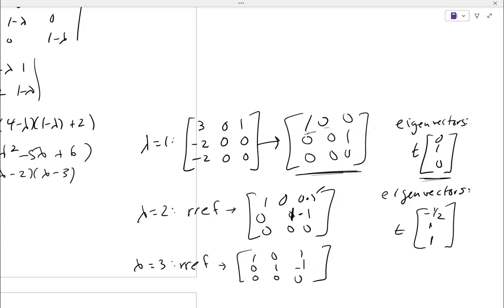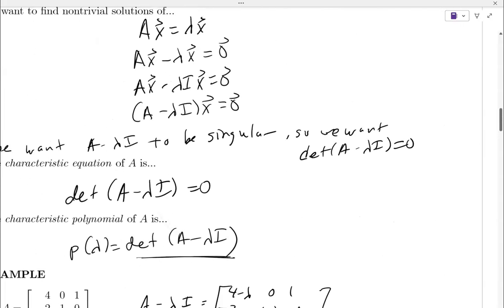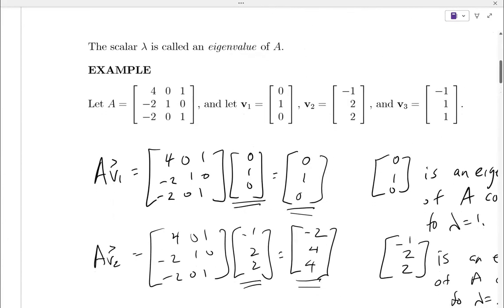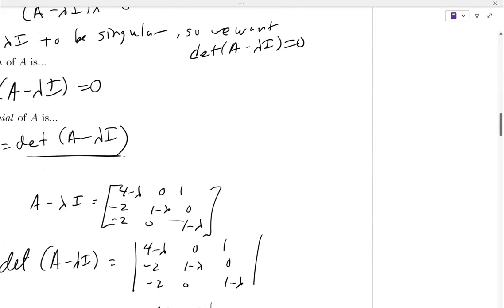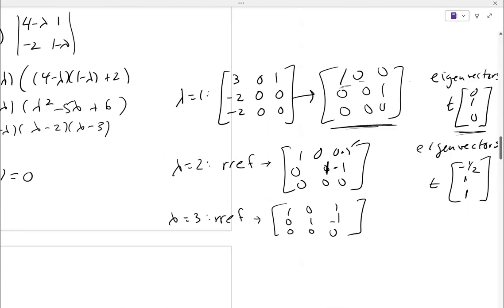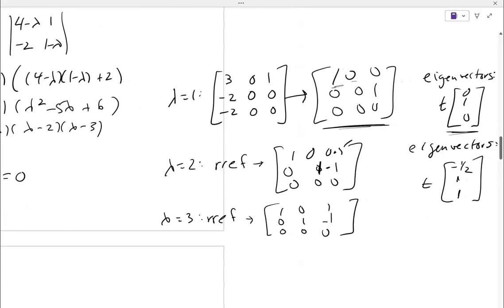If I go back up, notice the vector we had before was negative 1, 2, 2. I get that vector by taking that vector and multiplying it by 2. And I'll get the same thing that we had before.